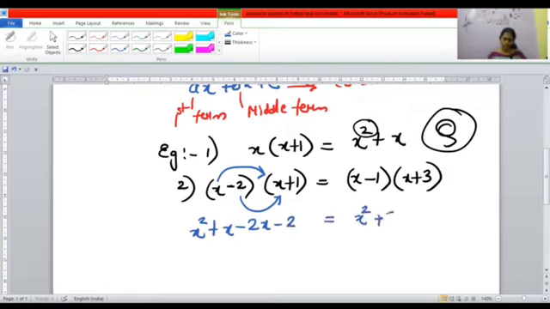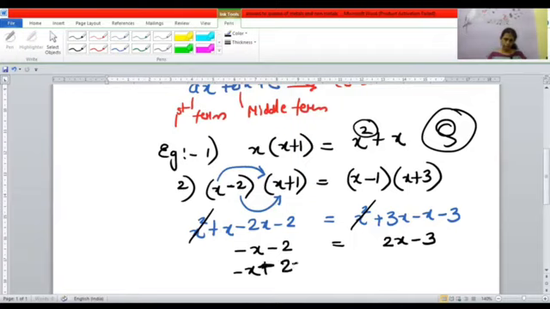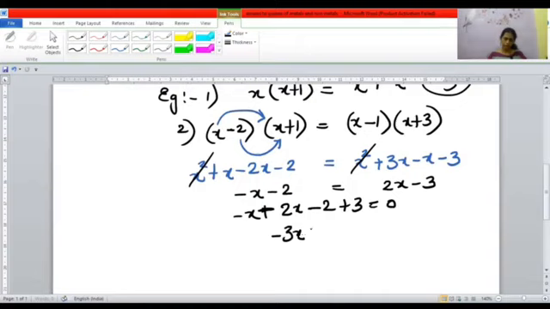It will obviously get cancelled. x minus 2x becomes minus x, then here it is minus 2, and this is 2x minus 3. Shift the terms here: minus x minus 2x minus 2 plus 3 is equal to 0, right? So the final equation I'm getting is minus 3x plus 1 equal to 0. Are you finding any root or any power which is 2?